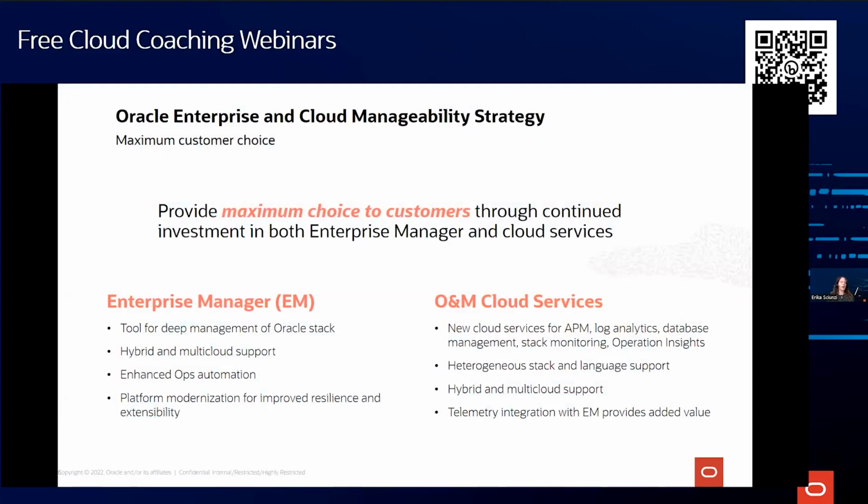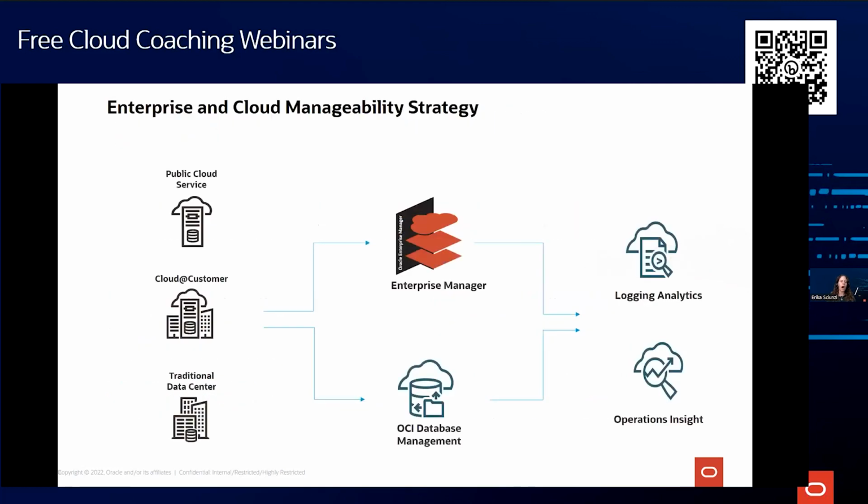What is the strategy of Oracle in terms of observability? Oracle wants to, of course, strengthen its own tool like Enterprise Manager, which has a really strong roadmap, and at the same time strengthen the cloud services. During the demo, you will see also another product called Database Management, which helps you in case you don't have Enterprise Manager.